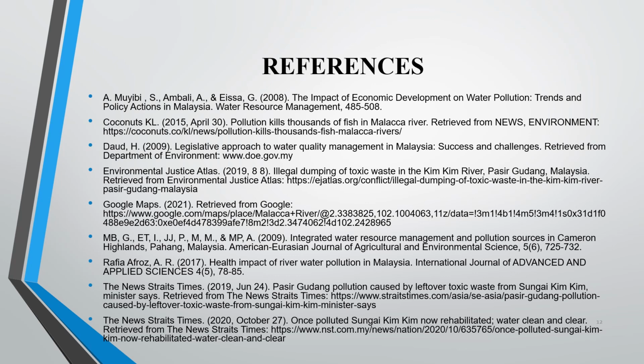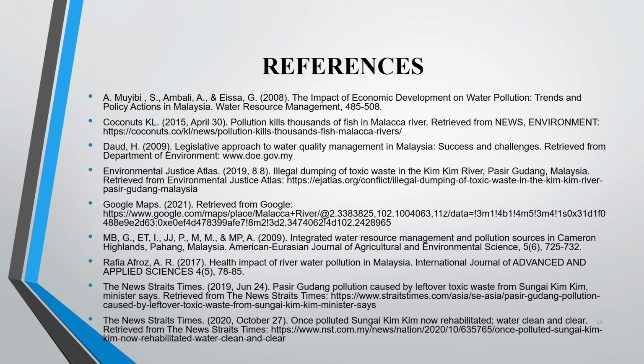First reference is from Ambali, A.M., Ambali, I.S.A., 2008, the impact of economic development on water pollution. Coconut KL, pollution kills thousands of fish in Malacca River. Daud H., 2009. Environmental Justice Atlas, 2019.